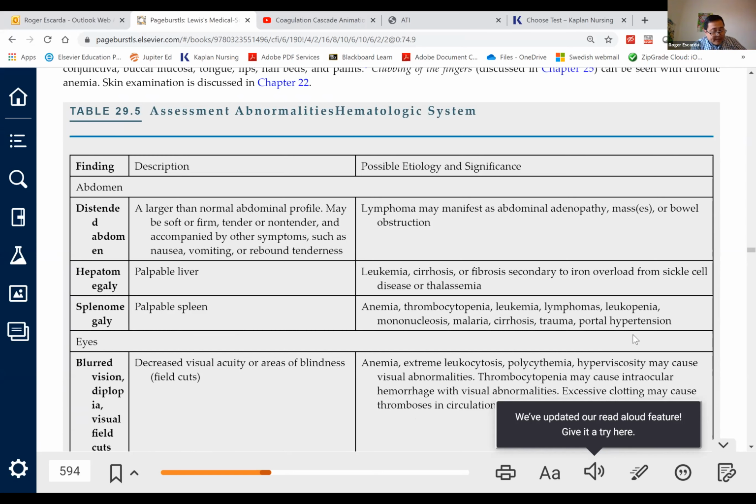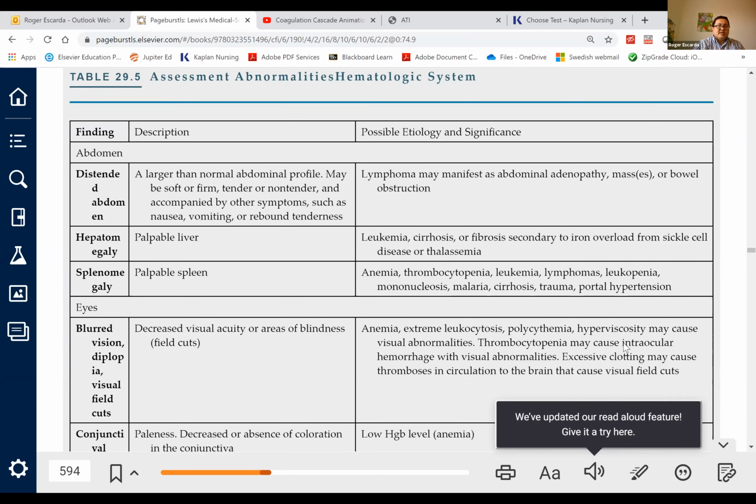It tells you common findings. Common meaning regardless of the cause of the anemia, the thrombocytopenia, or the leukopenia, the patient will present with the same signs and symptoms. So when you're coming in with a patient who has a blood disorder, they will have common manifestations.